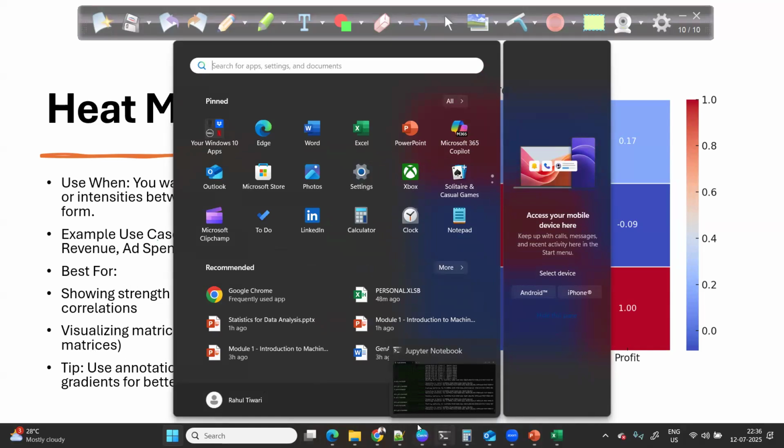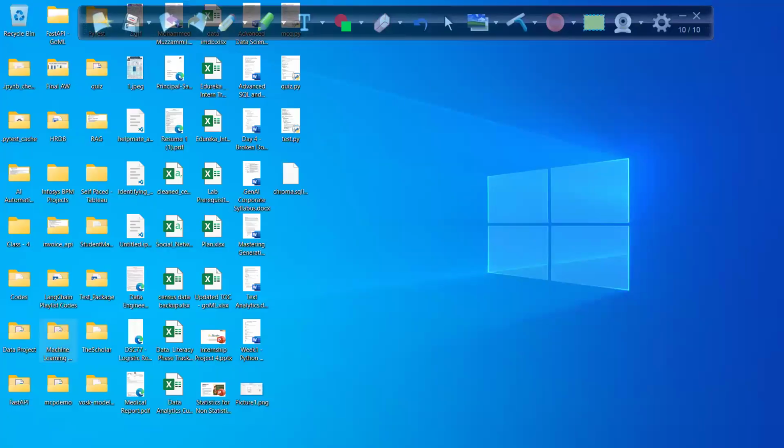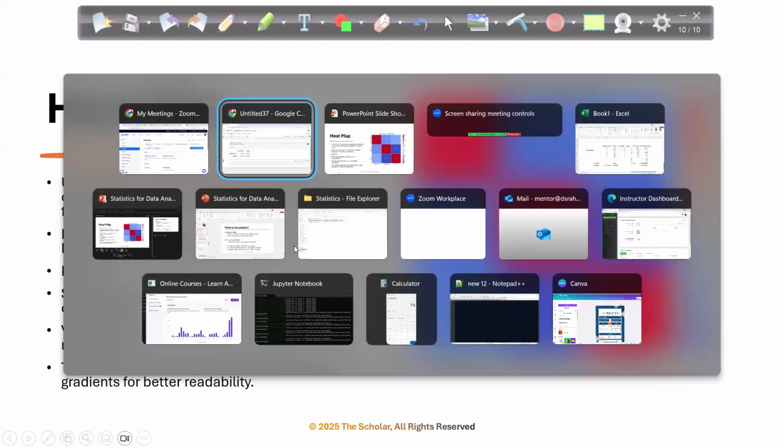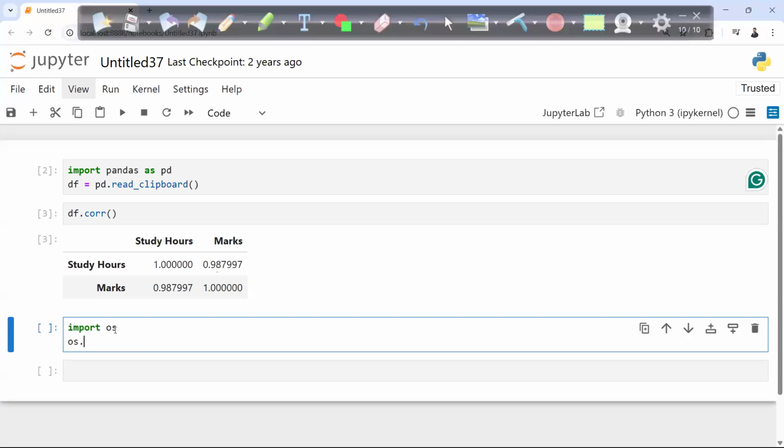Let me take tips data, another data set. So let me take this data file, tips data CSV, which is present on your desktop. So let me go and get my Python. Yeah. So import os. Ignore what we are doing in Python. We will have a detailed discussion in the future. So don't worry about that.